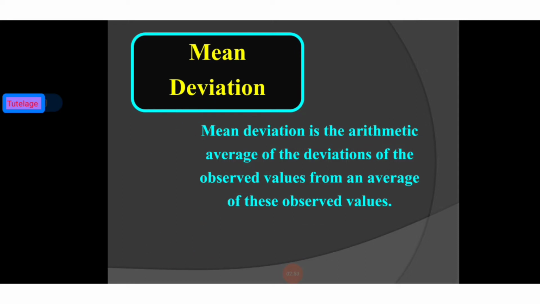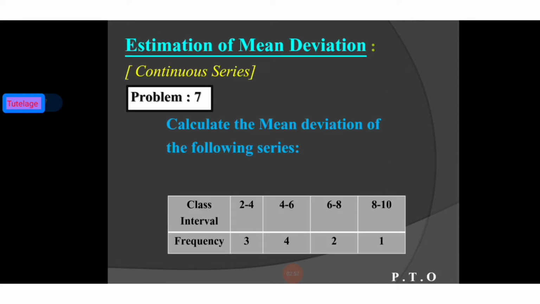Now move on to the main slide for this session. This is the calculation process and the problem is in continuous series. The problem is: calculate the mean deviation of the following series.